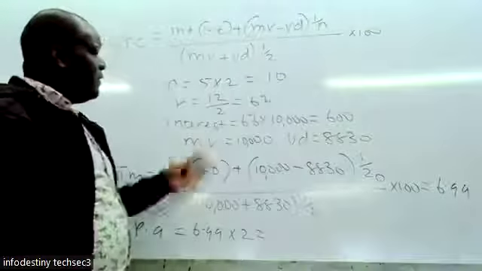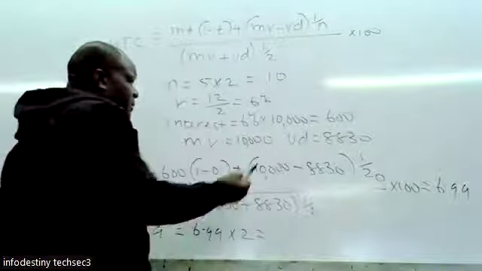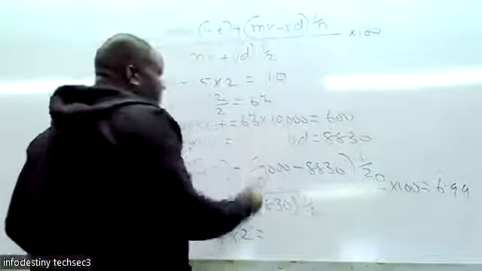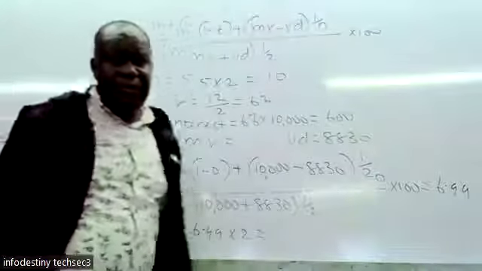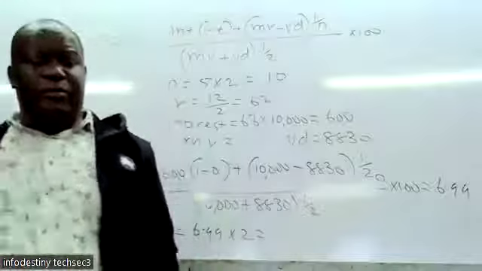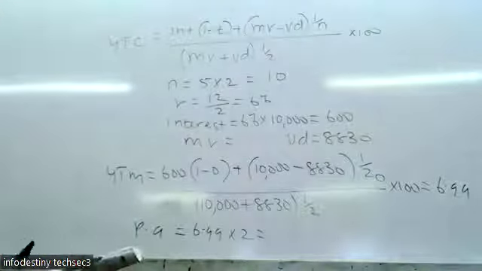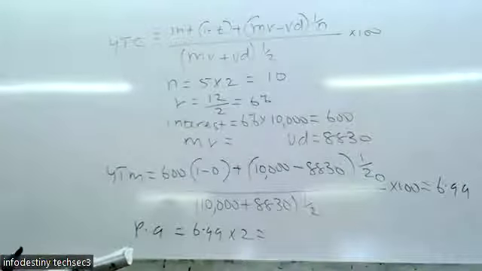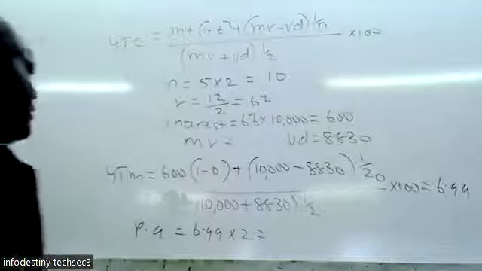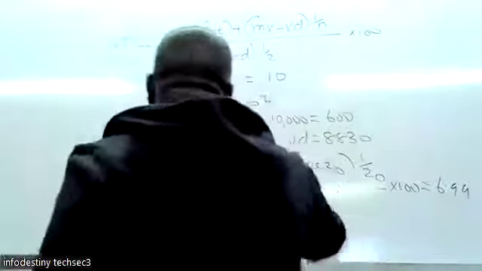The rest of the details will remain except the maturity value. The maturity value will now be the callable value. It is callable at 10,500.